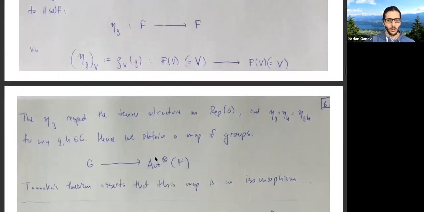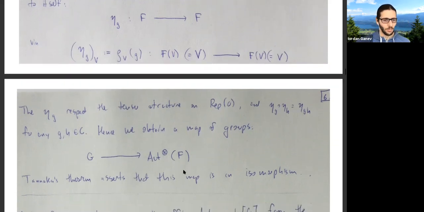So when you spell out what needs to happen, you verify that everything's fine, and what you get is a map of groups from G to the tensor automorphisms of this forgetful functor f. And the Tannaka theorem proves that this map is an isomorphism. So the group is given as the tensor automorphisms of this forgetful functor. That's the categorical interpretation of this theorem.